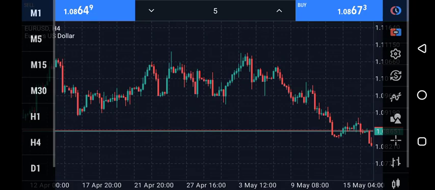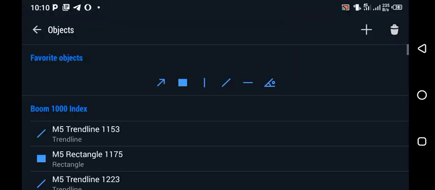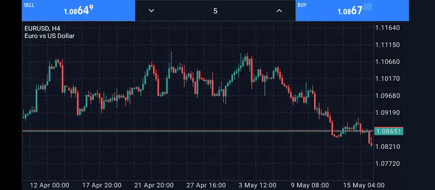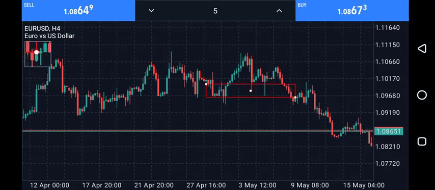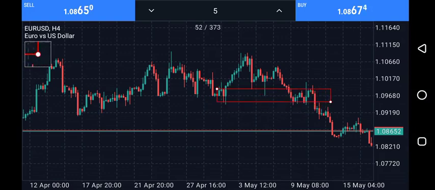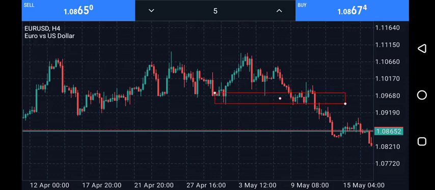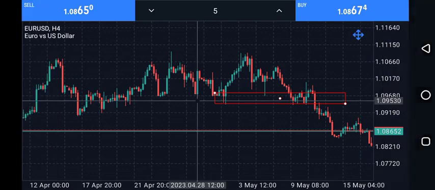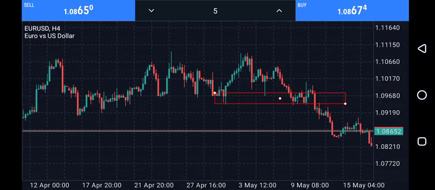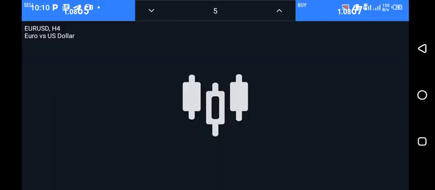So this, as you can see, was another example of another block that did not break structure. This guy here, the red one over here, did not break structure.